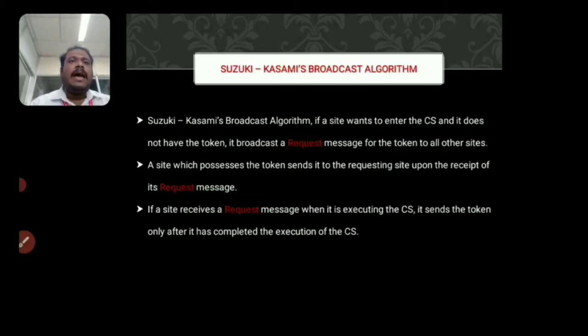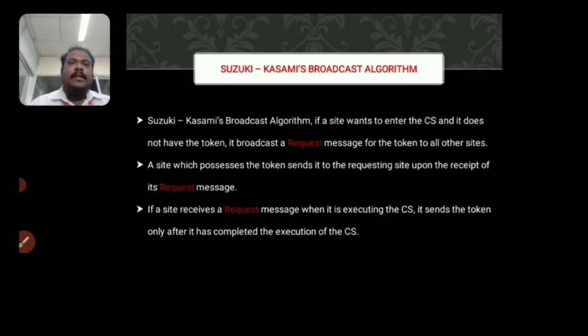Without the token, a particular site cannot enter the critical section region. For example, if I don't have the token now but I want to enter the critical section region, what should I do? First I should ask who has the token. Only after receiving the token can I enter the critical section.